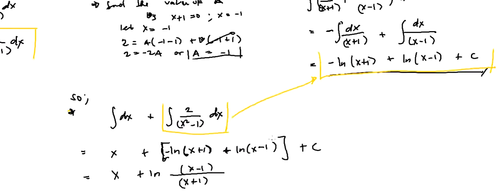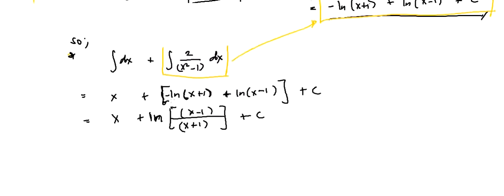This is positive, so this is at the numerator. Okay, and then plus C. So our final answer is x plus ln of the quantity x minus 1 all over x plus 1, plus C.